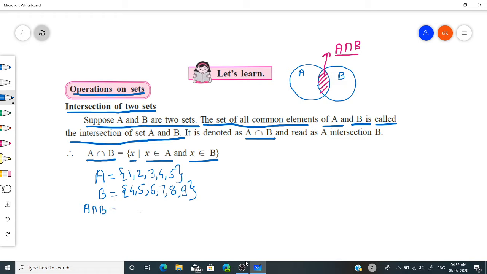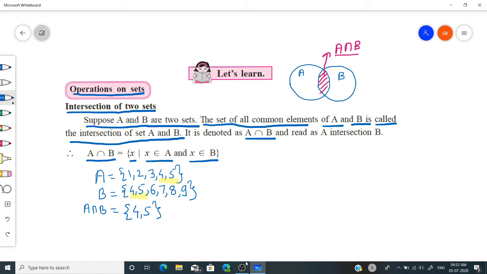Those are the common elements between these two sets, and if we observe, the common elements are 4 and 5. Therefore, intersection of A and B is the set of 4 and 5.